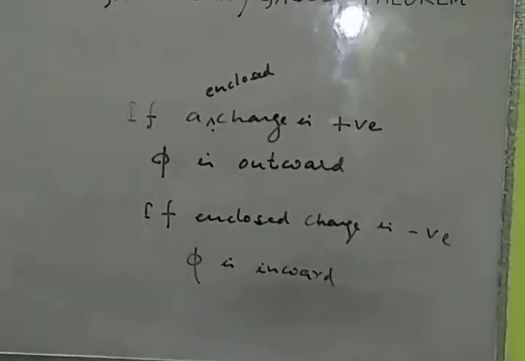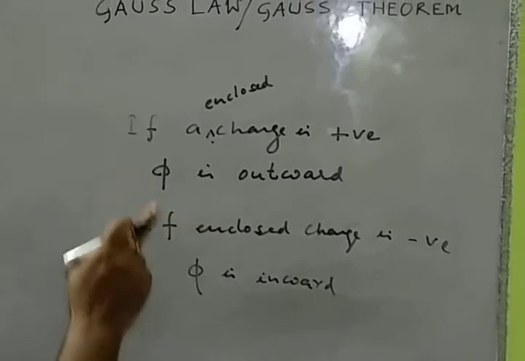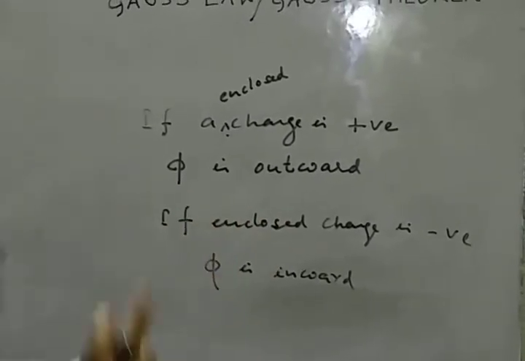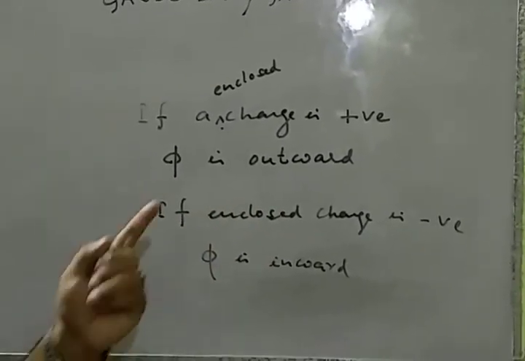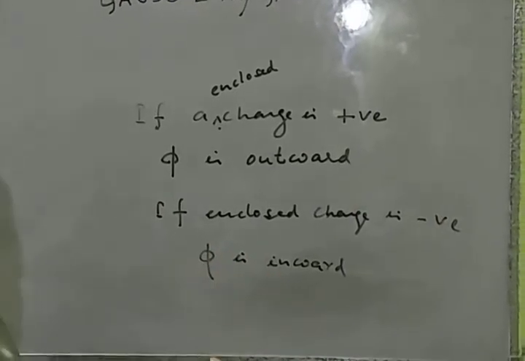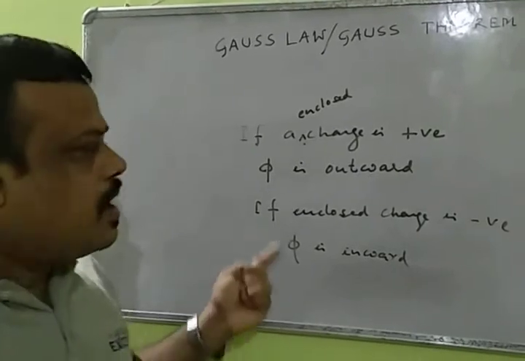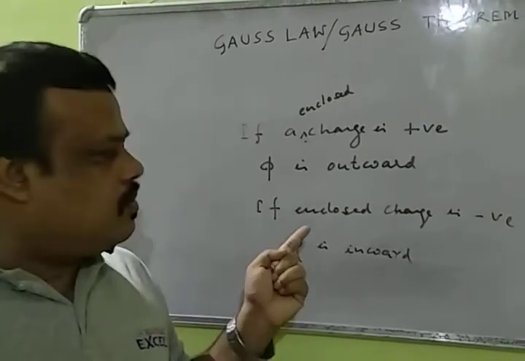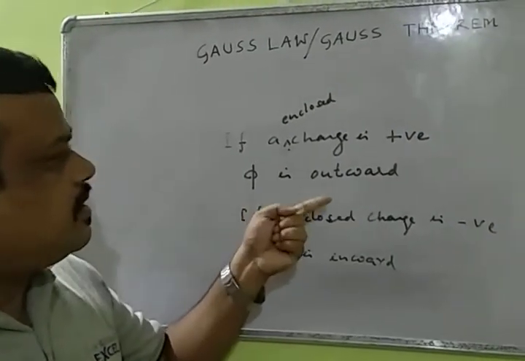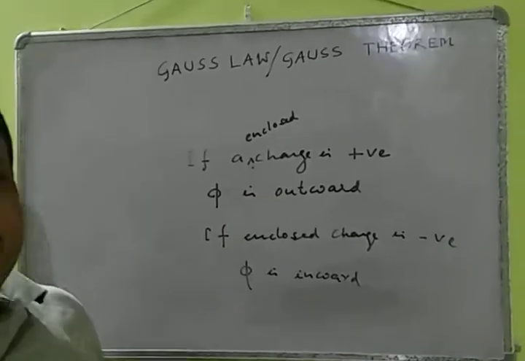This means the magnitude of flux may be the same, but the direction is different. But since flux is a scalar quantity, we can say this flux and this flux are the same. If it were a vector, it could not be the same, but flux is always a scalar quantity.